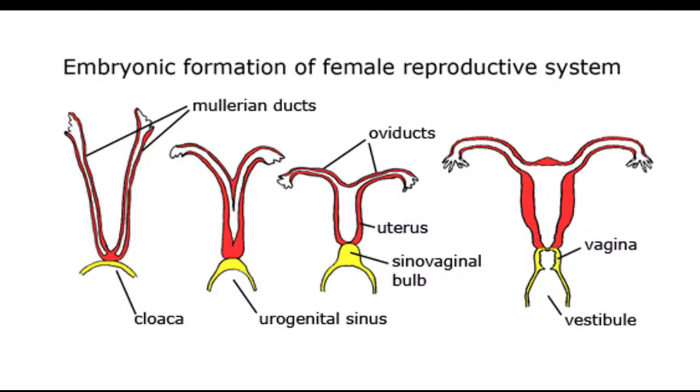This is a pictogram. You can see that the Mullerian ducts fuse, and the cloaca then forms the urogenital sinus and sinovaginal bulb, and then those Mullerian ducts fuse completely and form the uterus and the fallopian tubes.